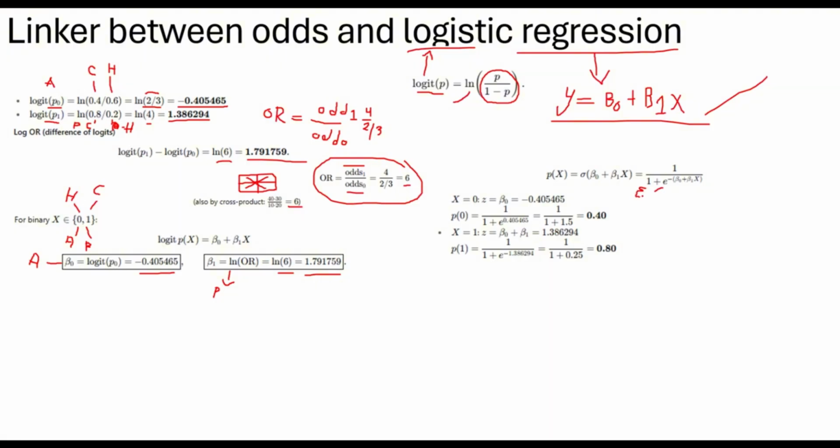This is the Euler number, and it is a constant. I don't remember the constant. I think it's 2.17. Let me check. So it is always the constant you have to put there. Yeah, it's 2.71828. Okay, so this will always be the constant here.